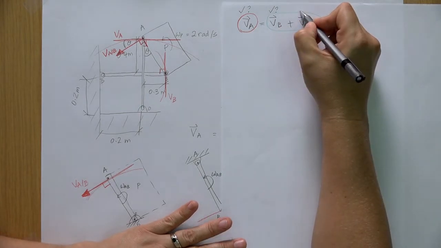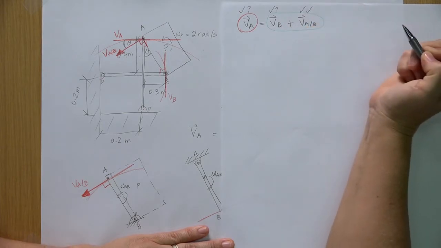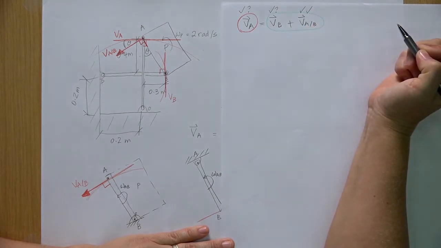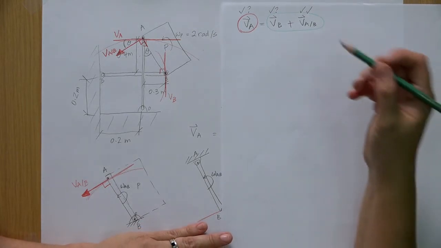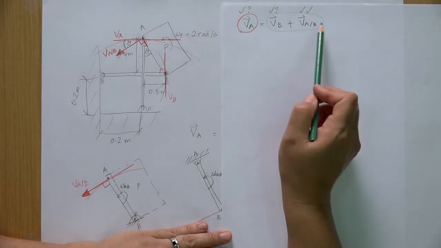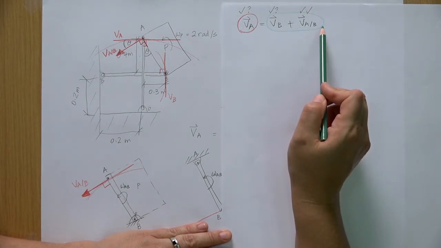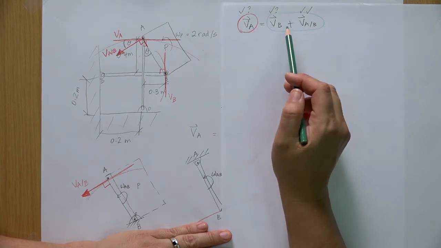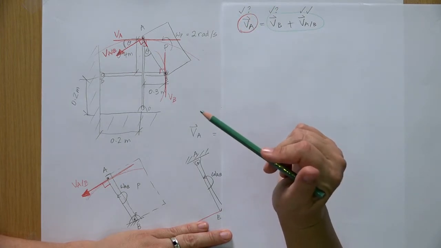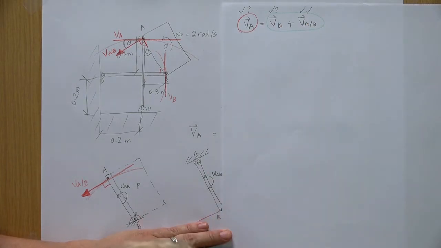VA relative to B, because we know omega AB, we know the direction and the magnitude. So we start by drawing the one that we know two things of. Just before I move on, there are two unknowns in this equation. It's a vector equation in 2 dimensions, so there are 2 equations. So I can solve for these 2 unknowns with these 2 components of the vector equation.